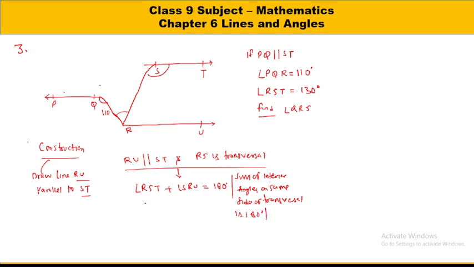So angle RST is given as 130 degree plus angle SRU is not given, is unknown, equal to 180 degree. Then angle SRU will be equal to 180 minus 130 degree. So 180 minus 130 is 50 degree. Angle SRU is 50 degree.